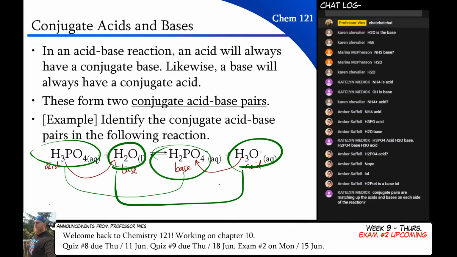What is the entity before and after you have added the H plus to it or removed it? For instance, phosphoric acid is H3PO4. When you get rid of an H plus, because it's acting like an acid, it will become H2PO4 minus. Water, when you give it an H plus, will become H3O plus.